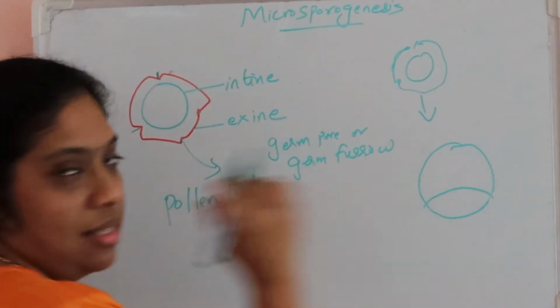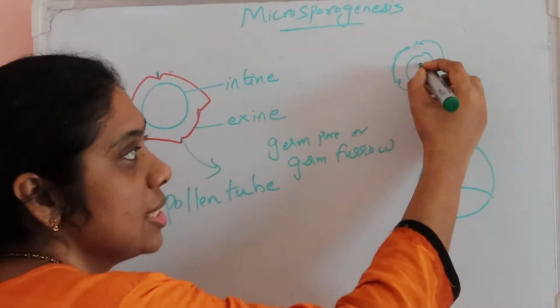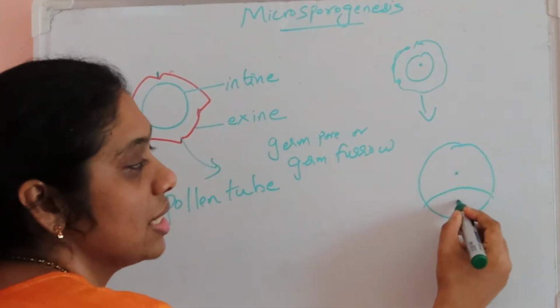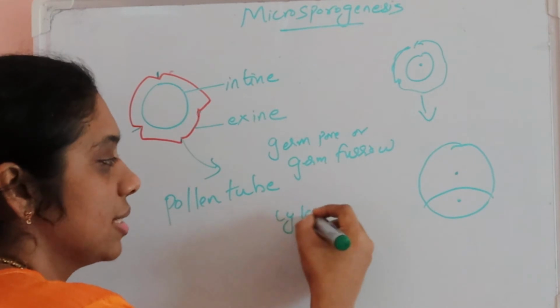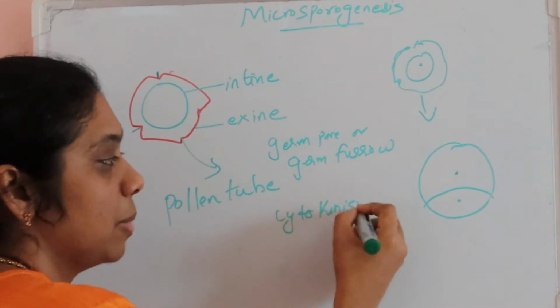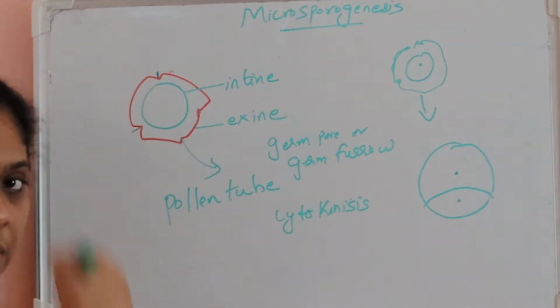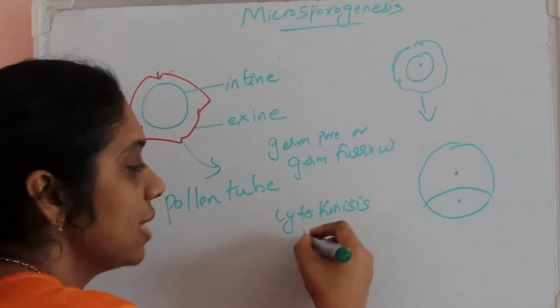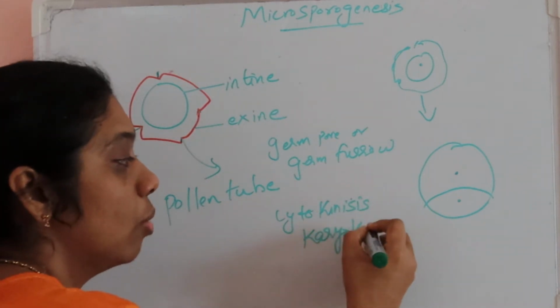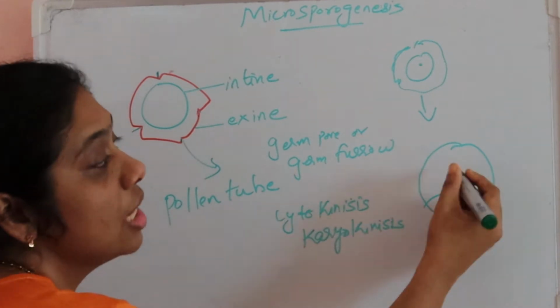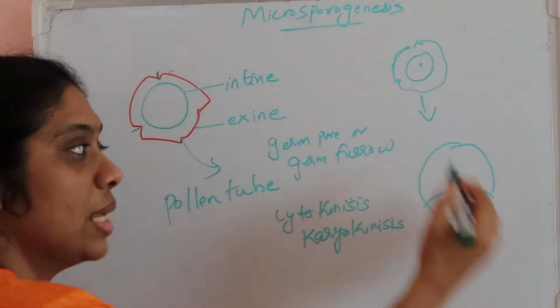The haploid nucleus will also divide. Cytokinesis means splitting of the cytoplasm, division of the cytoplasm. Next comes karyokinesis, which is splitting of the nucleus, that is one nucleus gets divided into two.